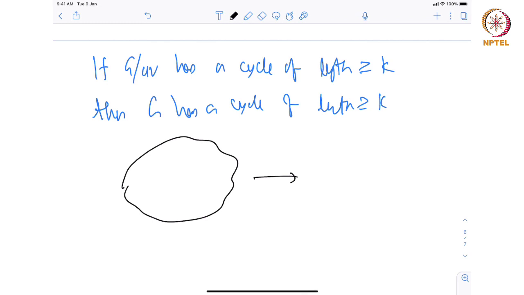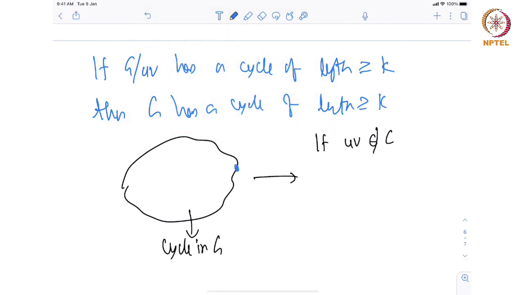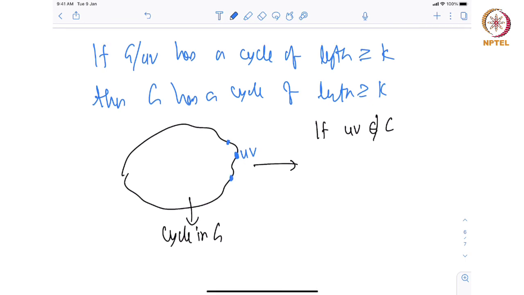If uv is not on the cycle, then this is also a cycle in G. Now, suppose uv is in the cycle. But then what do you know about uv? uv is an edge, right? So, now let us look at this case.